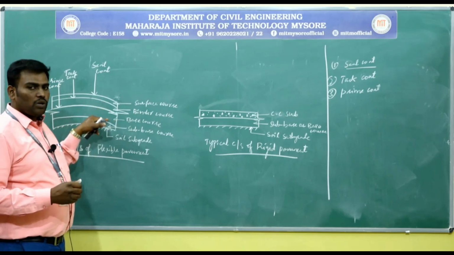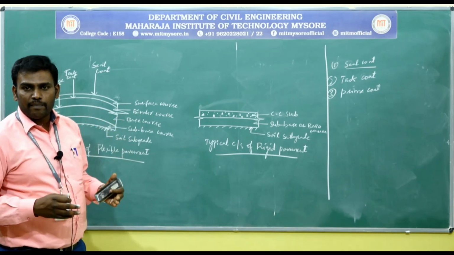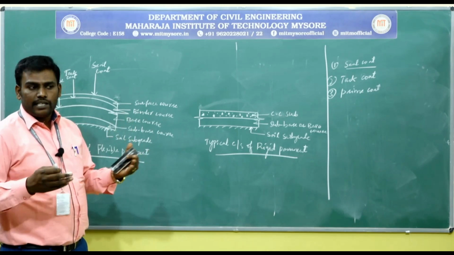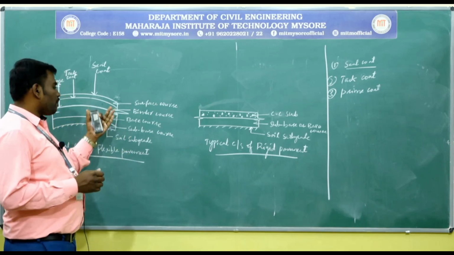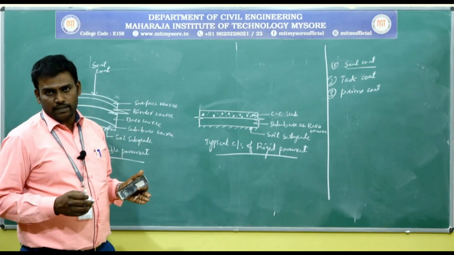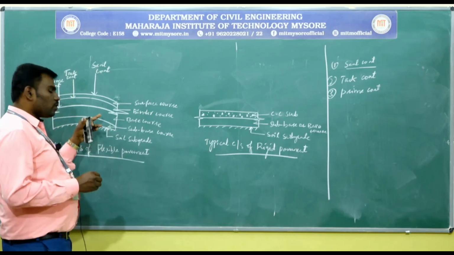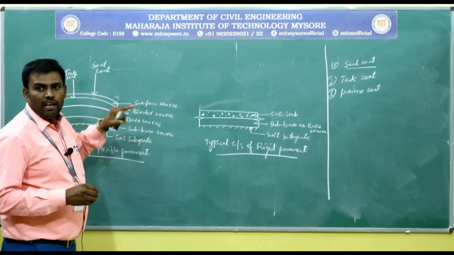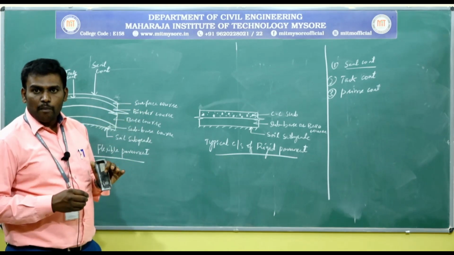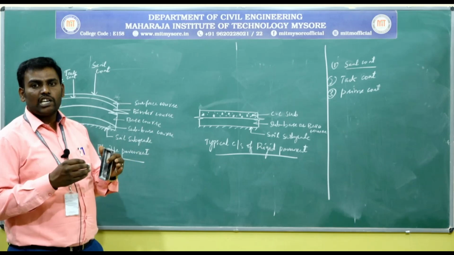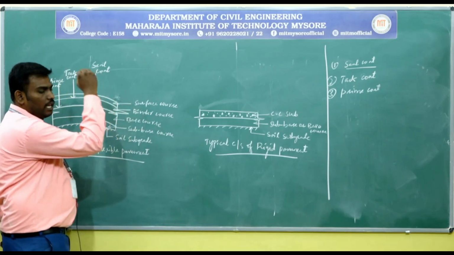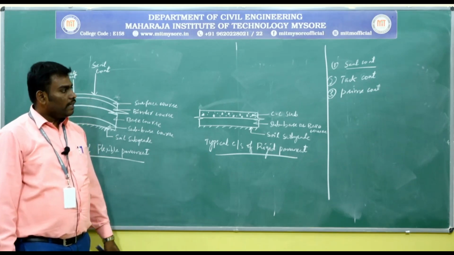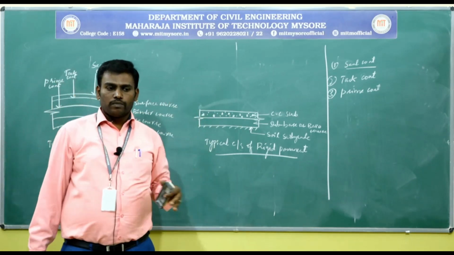We know that the base course is a mixture of dry aggregate mix, that is the stone aggregates and the dust powder, whereas the binder course is a bituminous mix layer. They apply a thin application of bitumen above the base course before placing the binder course, to provide adequate bond between base course and binder course. That is regarding the prime coat.